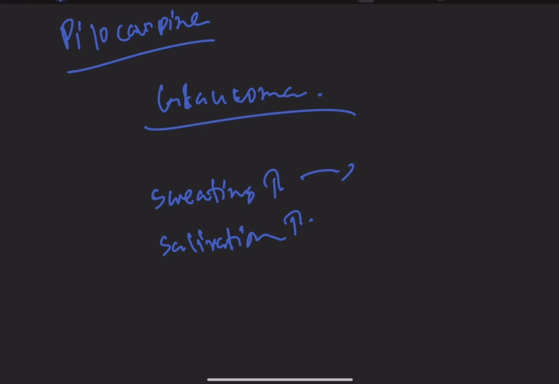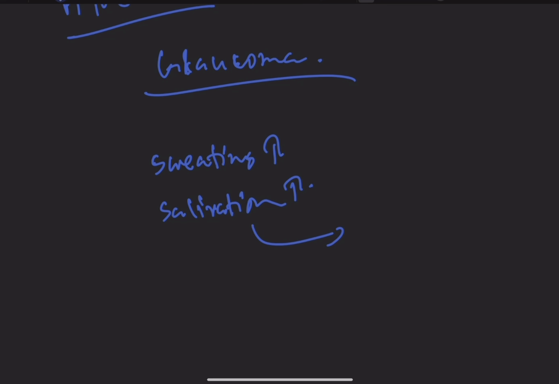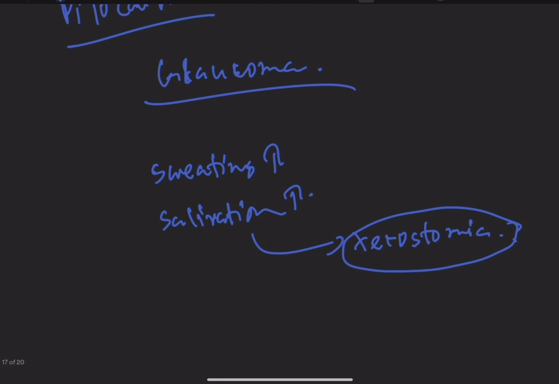We have a condition called xerostomia, where there is a dry mouth or decreased salivation. So we use pilocarpine to increase the salivation in xerostomia patients.